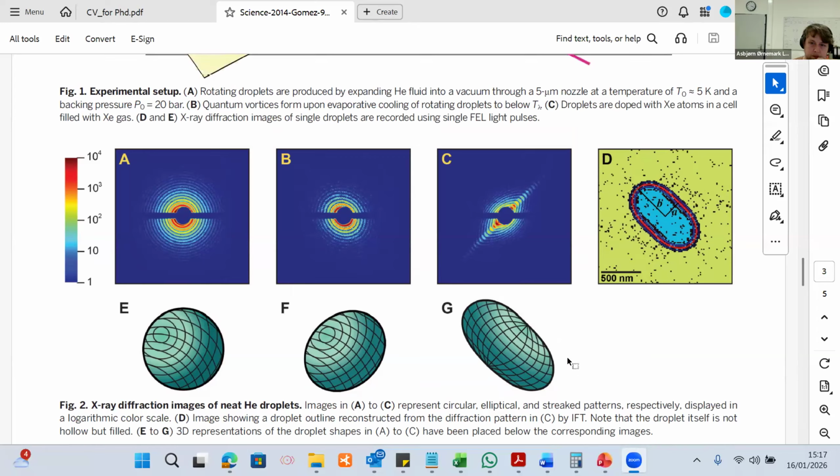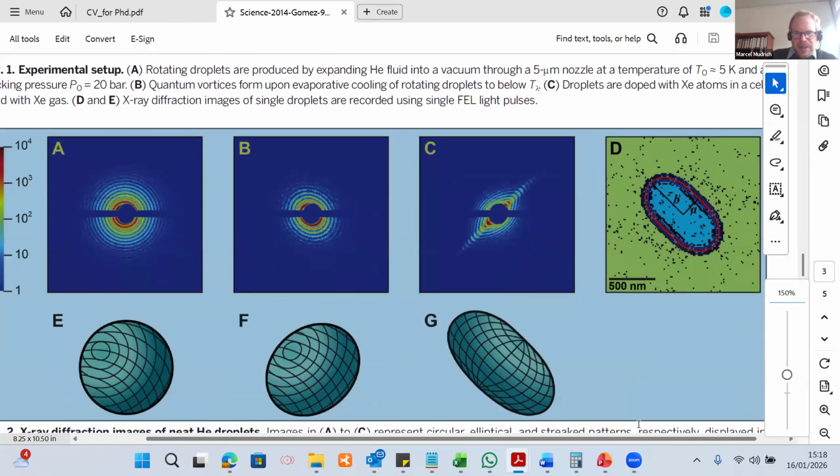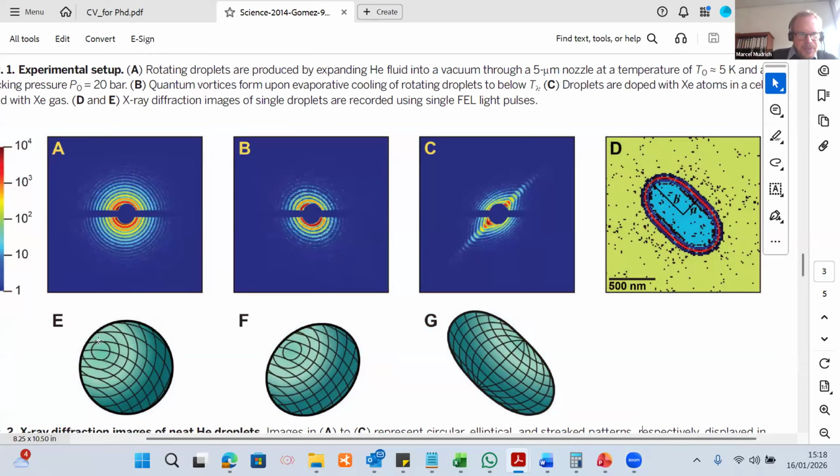Yep. Okay. So these were the very first X-ray coherent diffraction images of helium nanodroplets, and that's what I was mainly referring to when I said that as soon as the spherical shape, which produces these circular diffraction patterns, which we have talked about already.